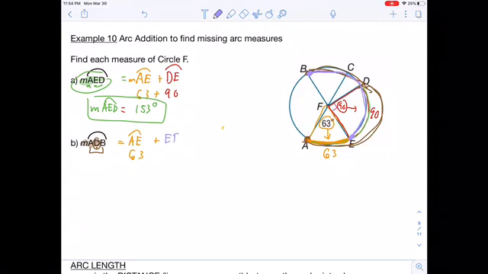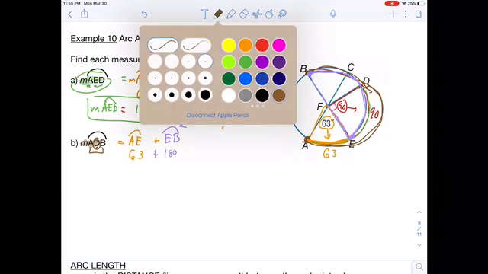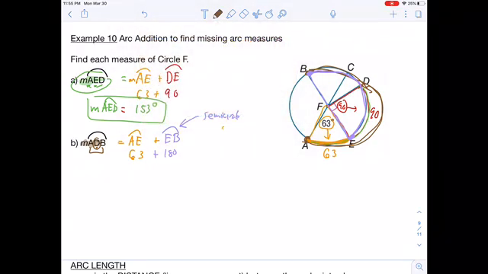What's really nice about EB is that it is a semicircle, because segment BE is a diameter. And all semicircles are 180 degrees. So the measure of arc ADB is going to be 63 plus 180, which is 243 degrees.